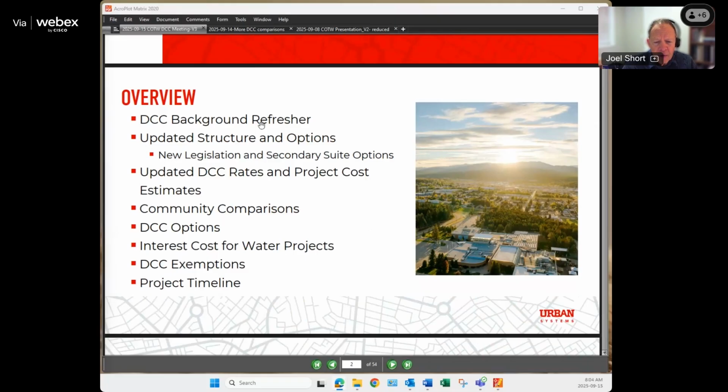We've also got some community comparisons, and some options to consider in terms of different approaches to the rates. Then we'd also like to talk about the interest costs for water projects. That's an option, a possibility that you can include interest costs. Then we'll talk about DCC exemptions and also the project timeline.